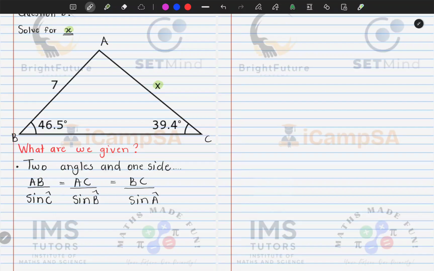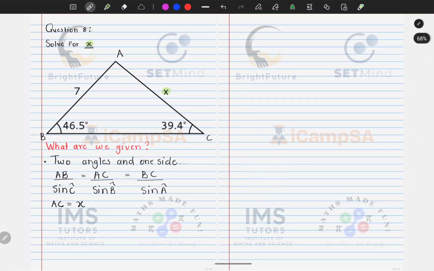So now let's go ahead and deal with the x, which is AC. If you look at our AC, that is where the x is. So I'm just going to say x divided by, so the angle opposite x would be 46.5, which means I'll have sine of 46.5 degrees equal to, so if I look at AB, it is length 7, and the angle opposite the side which has 7 is 39.4 degrees.